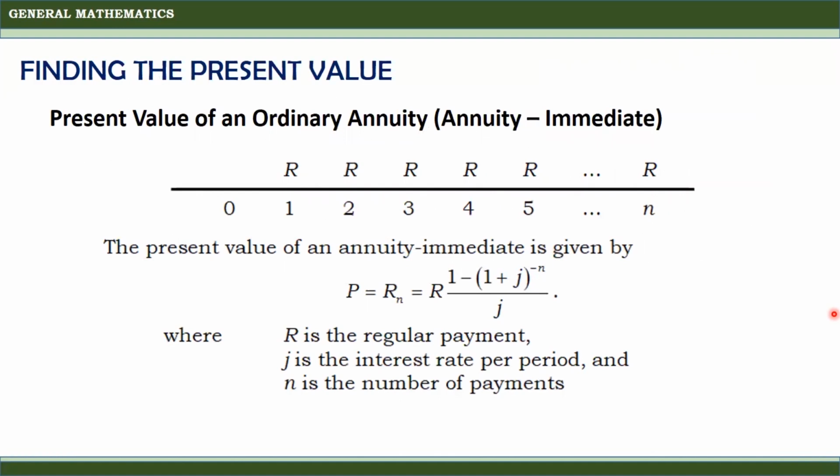Since the formulas for the simple annuity and general annuity are the same, we will also be using the formula below in finding the present value of an ordinary annuity, and that is P equals R sub n is equal to R times 1 minus 1 plus j quantity raised to negative n divided by j, where R is the regular payment, j is the interest rate per period, and n is the number of payments.